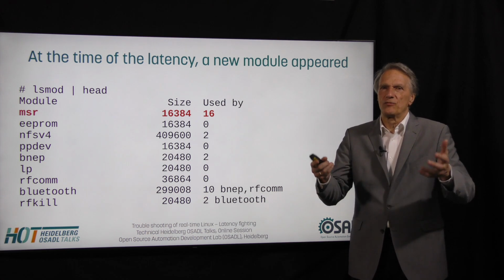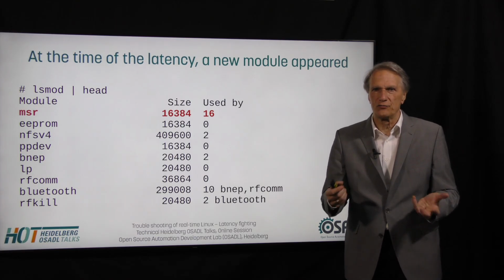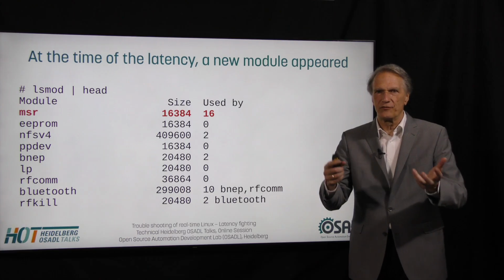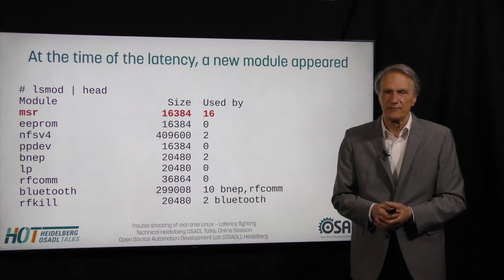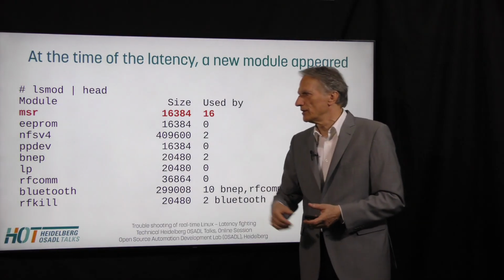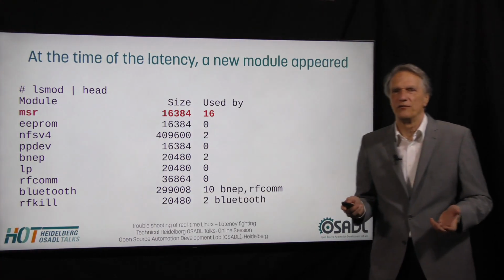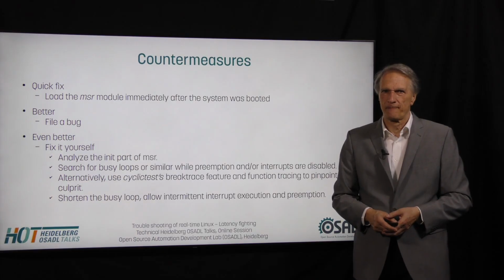But then for some reason, the cooling was not strong enough to recover. The throttling was not effective enough. And then the system generated a machine check. And to decode this machine check, a driver was loaded. And this driver then caused a very long latency during initialization.